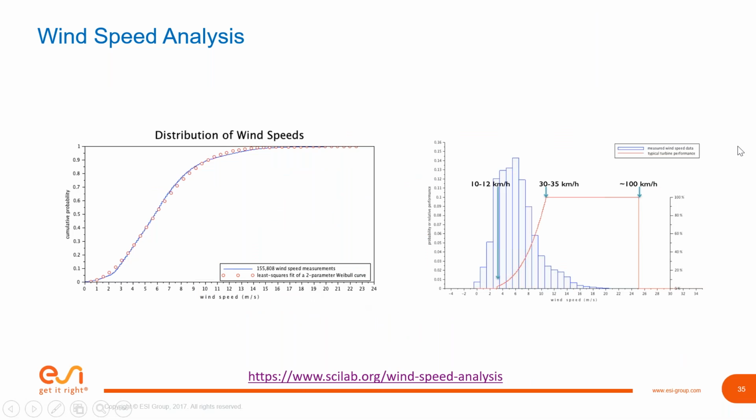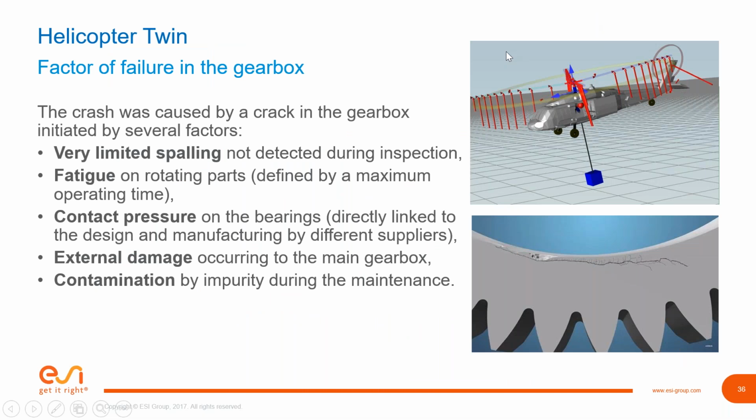And going back to the presentation, another example: if you look at a helicopter in itself, this might be close to what you think about in terms of a wind turbine, but just upside down. So if you look at the helicopter in operation, obviously they are facing some critical performance issues.